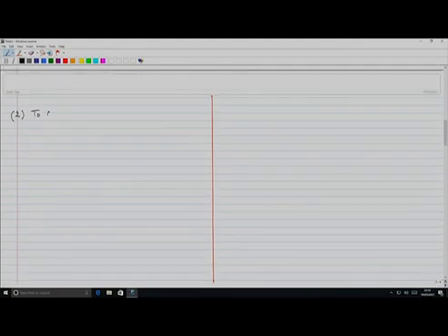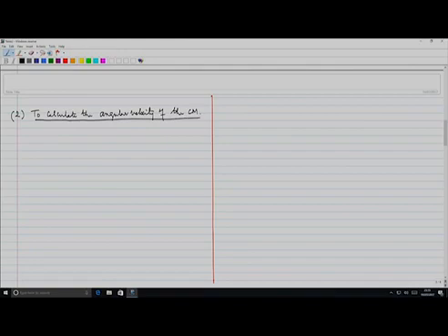To calculate the angular velocity of the center of mass, we have seen there is no translational motion, and no external torques are acting, therefore the orbital angular momentum is conserved.